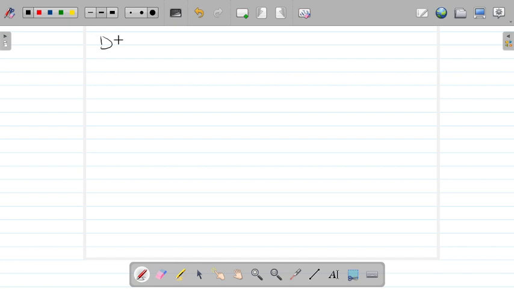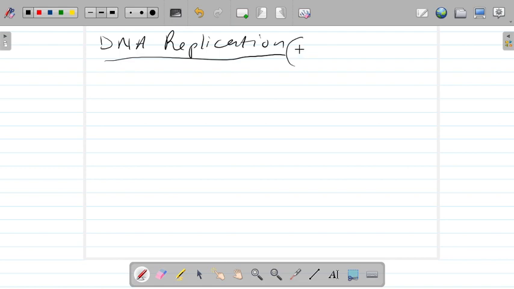DNA replication. Now, with DNA replication, let's start here. Remember, what is replication? Replication is basically making a copy. For example, if I wanted to go to the photocopy machine to make a copy of my idea, I'm making an exact copy to come out the way the original is.